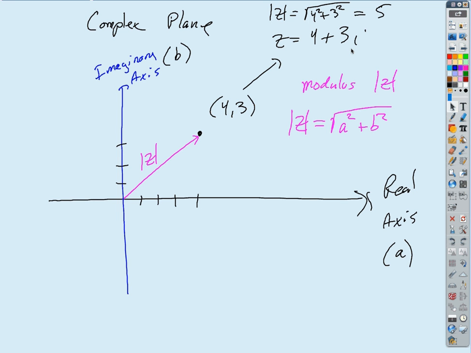I mean, just to represent numbers on that graph. Well, to represent numbers, yeah, really all you're doing is thinking about these as ordered pairs. So the number 4 plus 3i, which corresponds to a real part of positive 4 and an imaginary part of positive 3, would be the one that has coordinates 4, 3 on the complex plane.